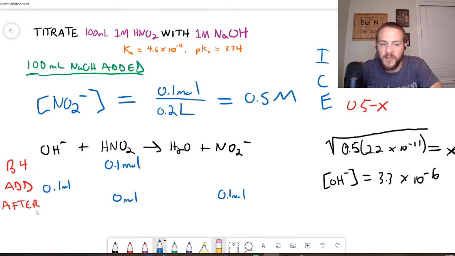Then we understood through this table that all of the HNO2 was converted into NO2 minus, its conjugate base. Now we're dealing with a 0.5 molar solution, because we took that 0.1 moles and divided it by the total volume, 200 milliliters.